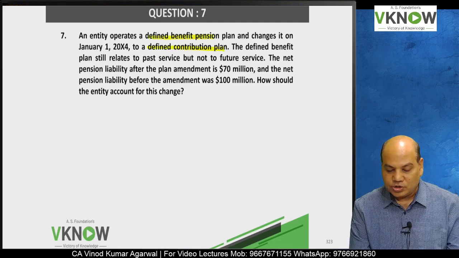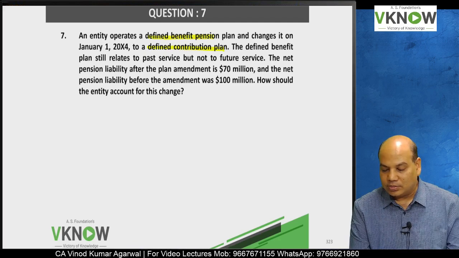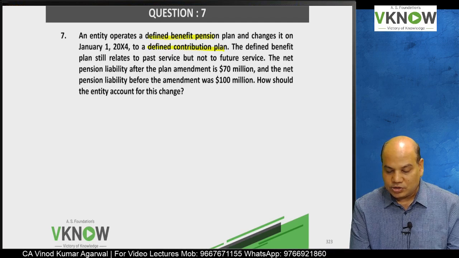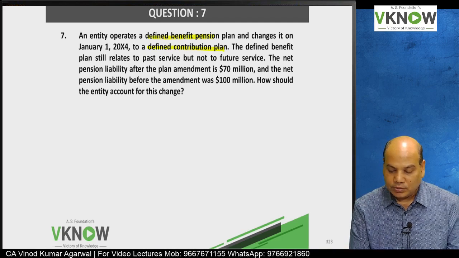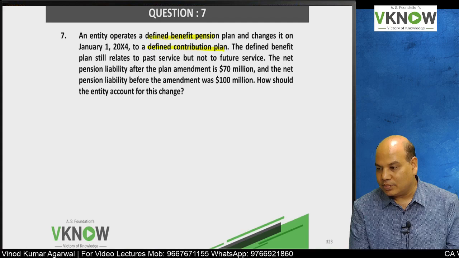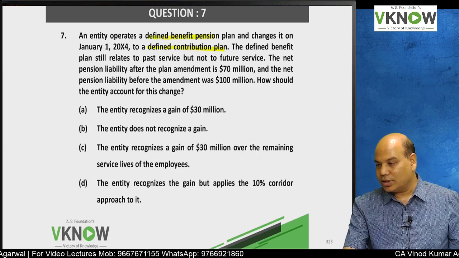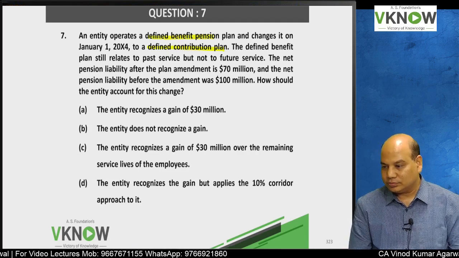The net pension liability after the plan amendment is $70 million and the net pension liability before the amendment was $100 million. How should the entity account for the change?